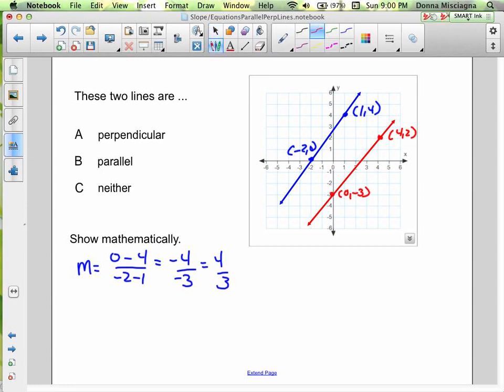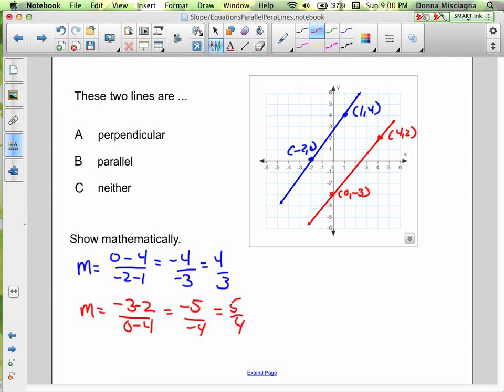Let's find the slope of the red line. I'll work left to right. So we have -3 minus 2 divided by 0 minus 4. That would be -5 divided by -4, which is 5/4.